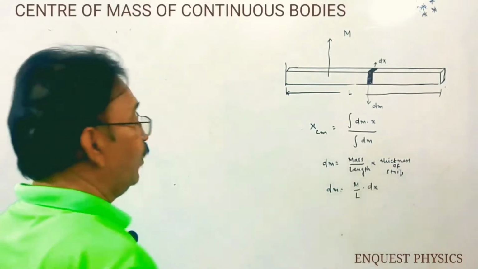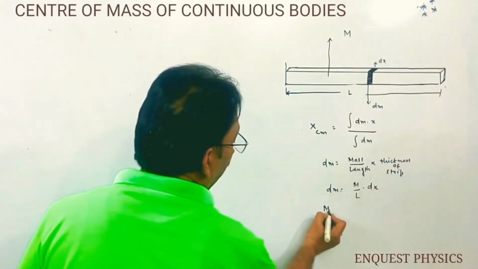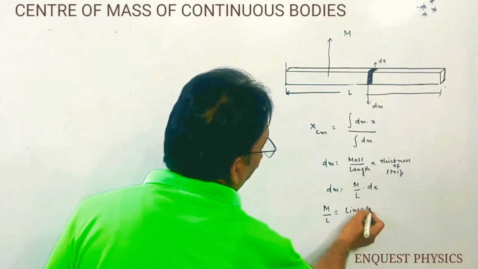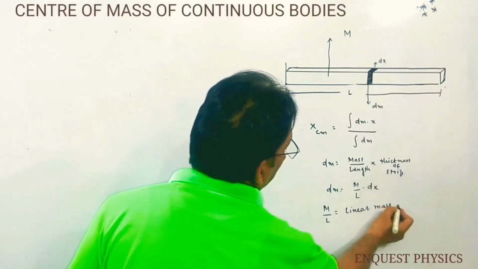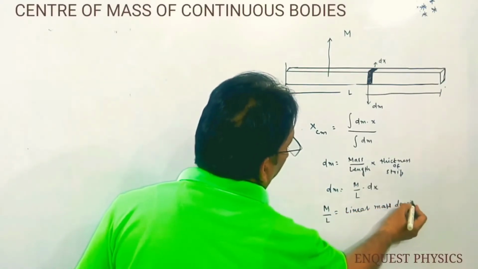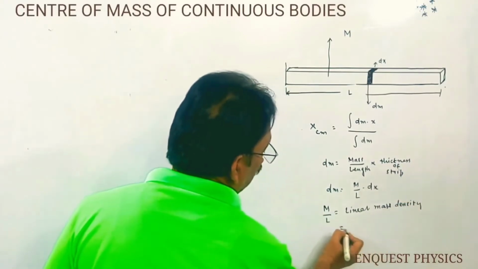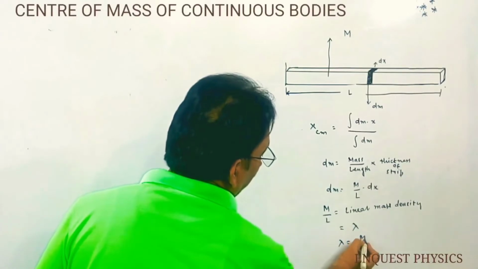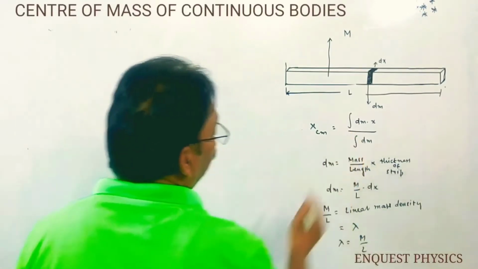Okay students, here M by L is known as linear mass density, and it is shown with the letter lambda. Then M by L can be replaced with lambda in the equation.